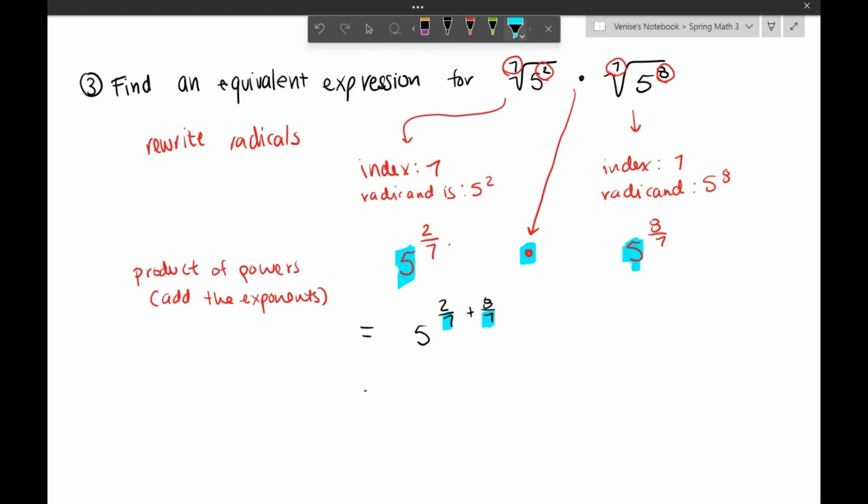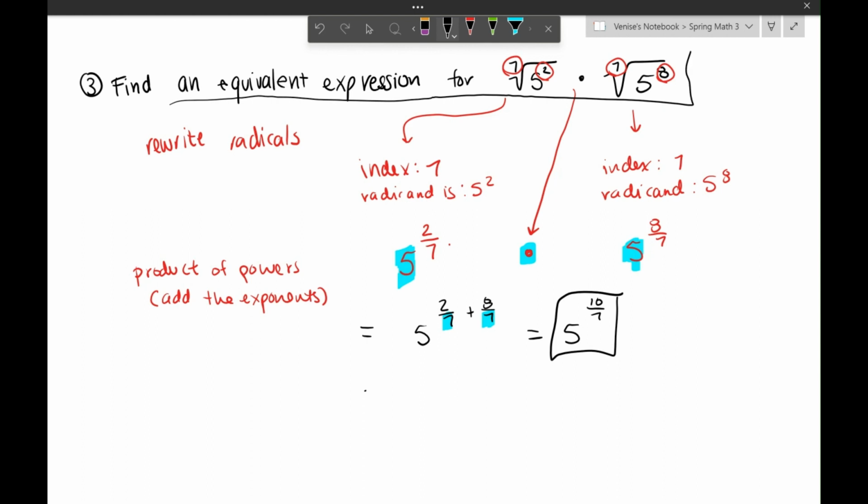They have the same denominator, which means I am going to add straight across, so 5 to the 10 over 7. So this is an equivalent expression for this problem.